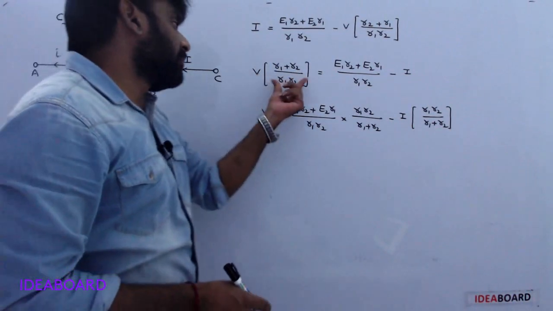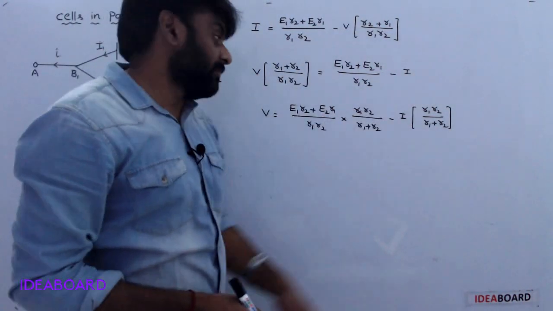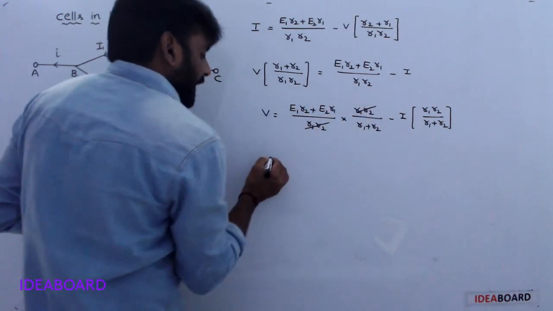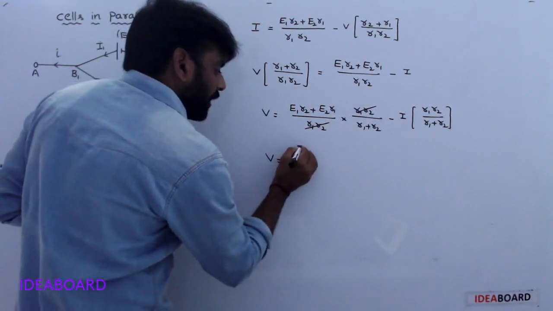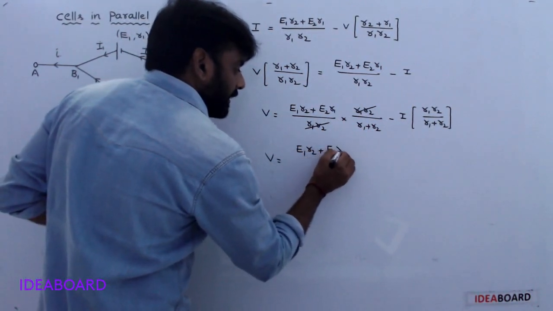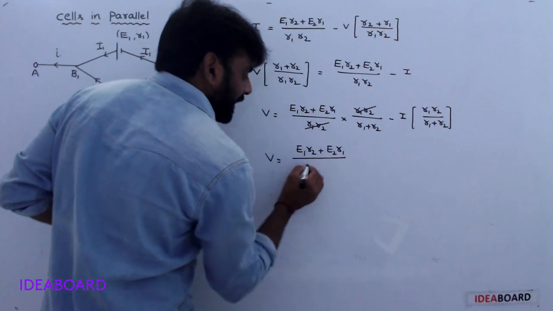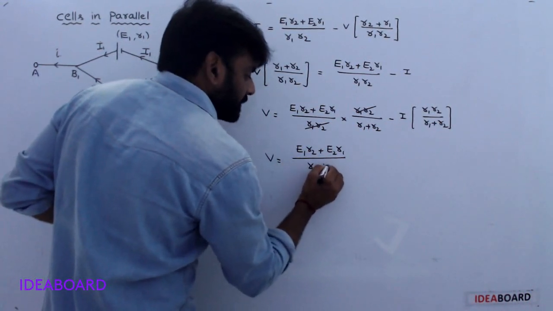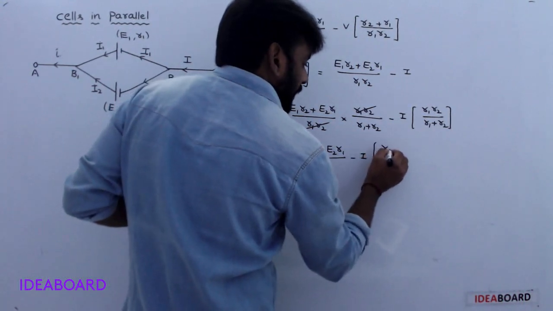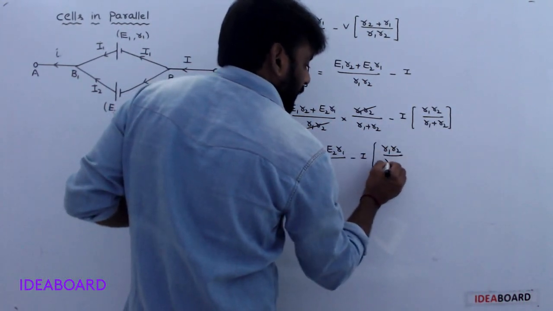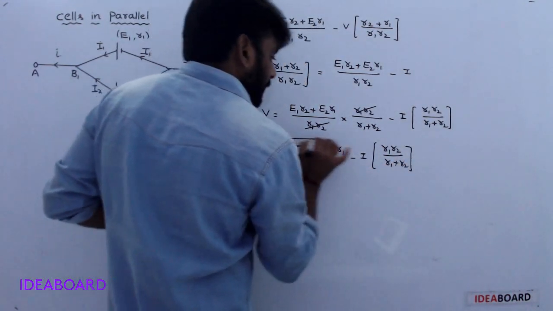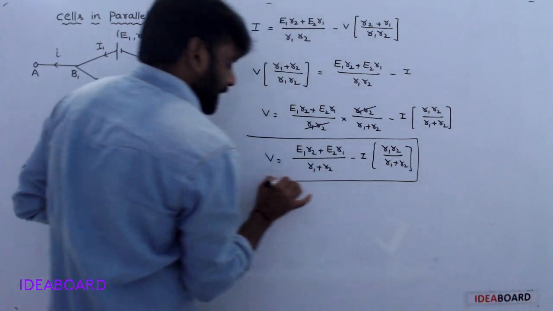Understood? Now R1 R2 cancels. V is equal to E1 R2 plus E2 R1 divided by R1 plus R2, minus I into R1 R2 by R1 plus R2. Now this is the potential drop.